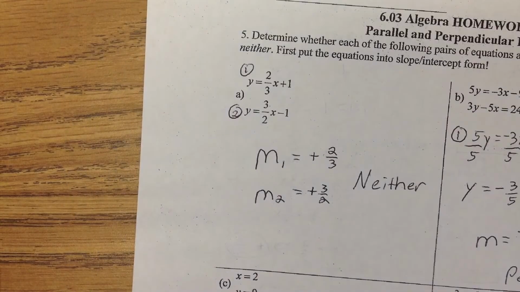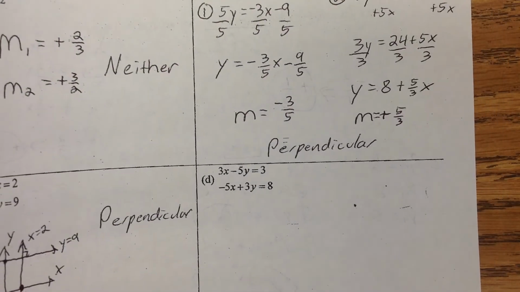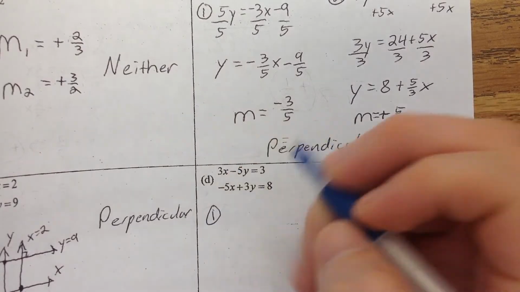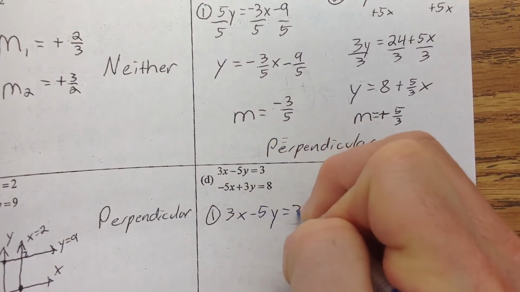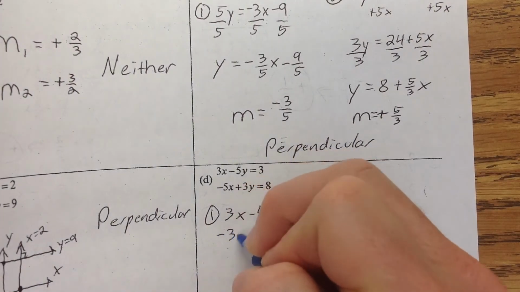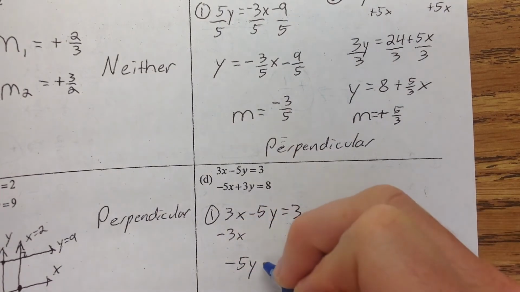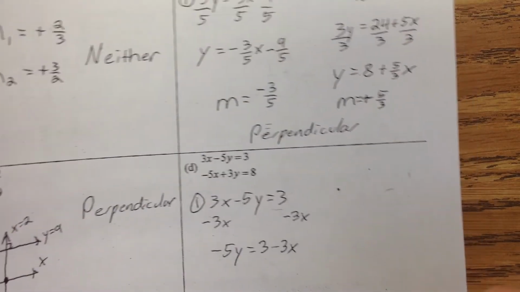All right, so let's take a look at the last one here. D is 3x minus 5y equals 3, negative 5x plus 3y equals 8. So this is going to be another one where we have to solve for y. So let's start with equation 1. 3x minus 5y equals 3. So I need to move this 3x over, so I'm going to subtract 3x. Negative 5y equals 3 minus 3x.